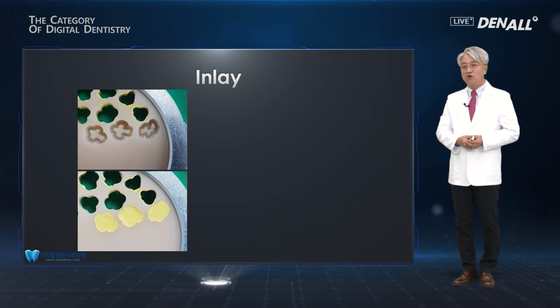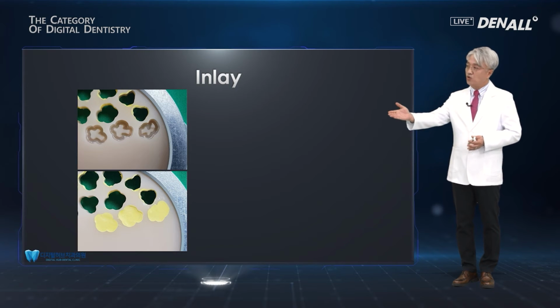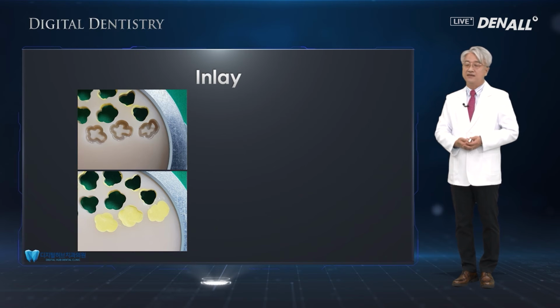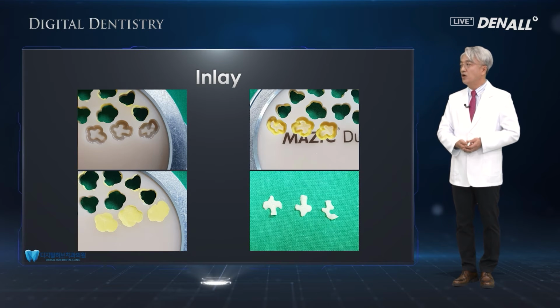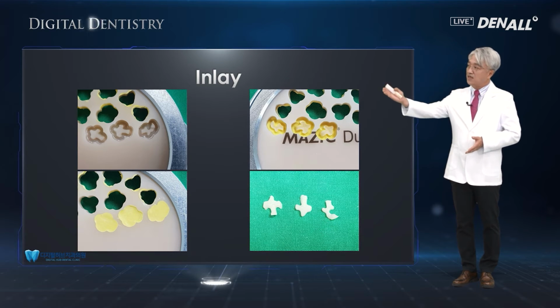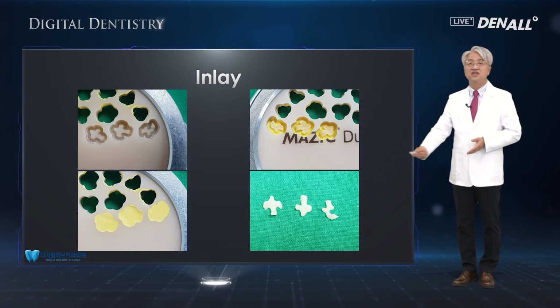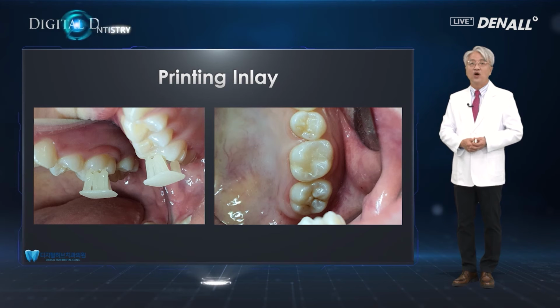So first I cut the occlusal surface, the upper side, and then I use the stone for submerging it and cut the other side. So two-step is what I do in milling, and with that, without support or screw, this inlay can be made and sent to the patient. So this is my preferred way of milling.